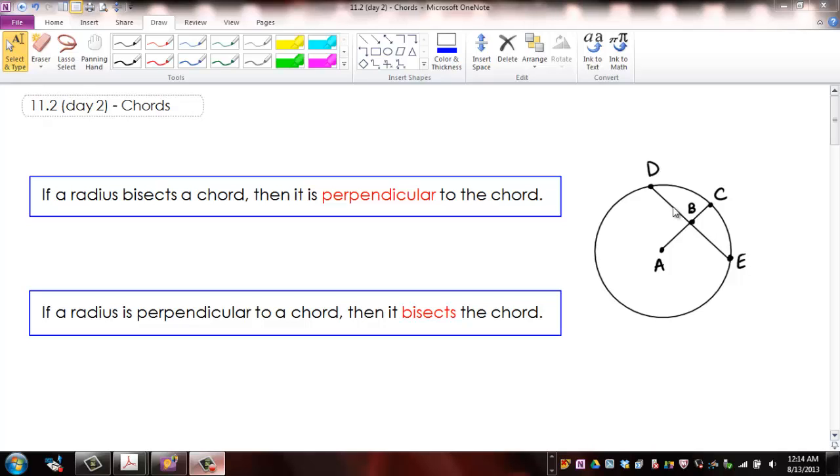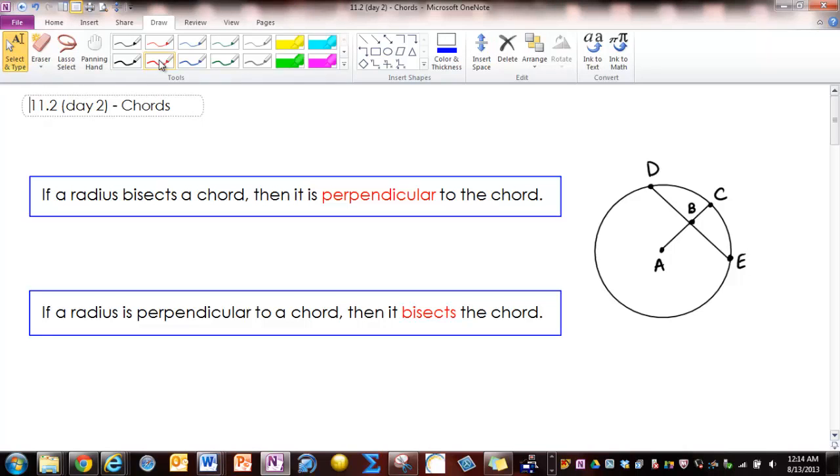The first one says if a radius bisects a chord, so if your radius cuts your chord into two congruent segments, segment DB and segment EB, then we know that the radius is perpendicular to the chord. Now our second statement, like I said, is just the converse of that.